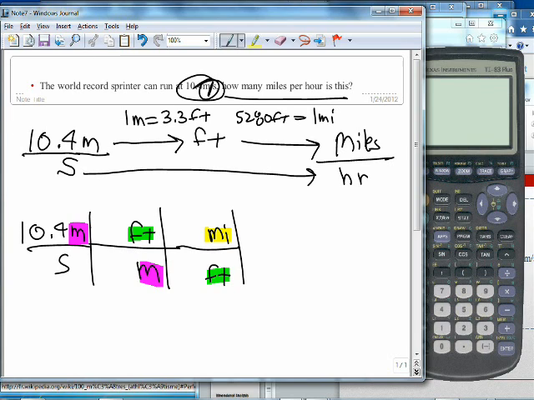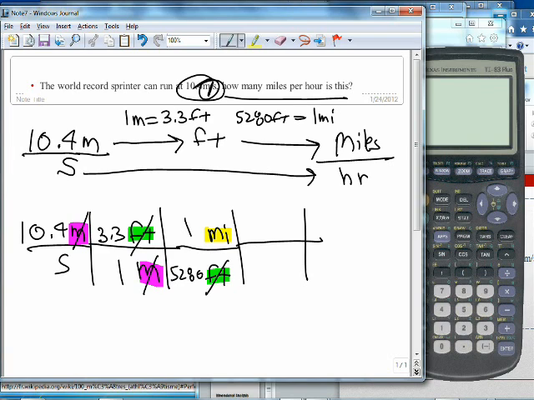So I'll just put that in. 3.3 to 1 meter, 5,280. Excuse me, not 5,280 miles per 1 foot, the other way around. 1 mile is 5,280 feet. And the fun part, I can cancel out the meters. I'm left with miles. That's great.